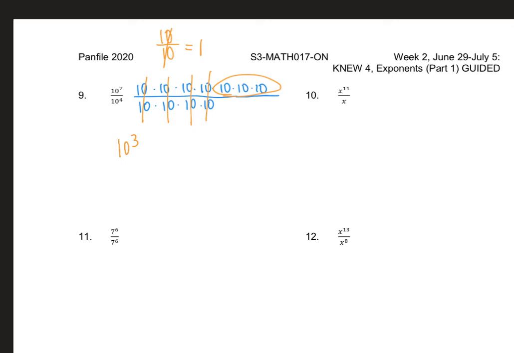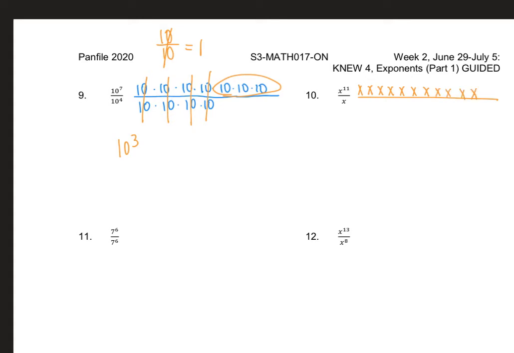So let's see if that was a fluke, or see if that would happen again. If I draw that dividing line out and I put 11 x's on top, 1, 2, 3, 4, 5, 6, 7, 8, 9, 10, 11.